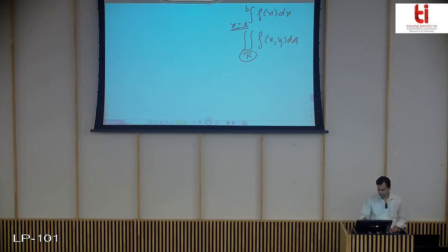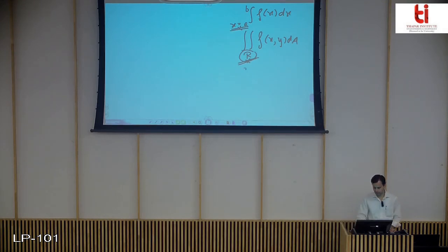In one dimension the limits of integration were defined about the x-axis only. When you come to two variables, the limits of integration were defined in region R, which is now your xy plane. You have the limits of both x and y, and the region is in the plane.